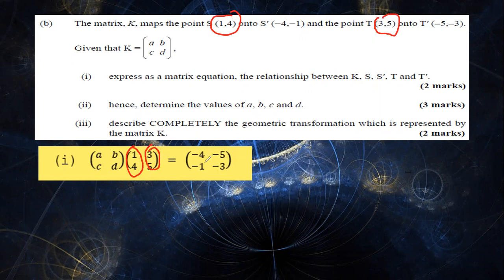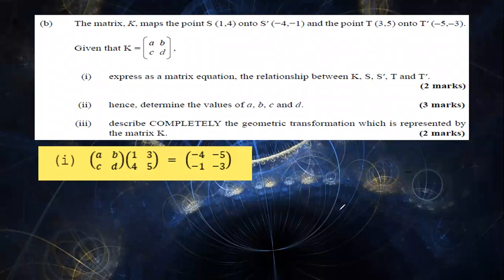And these here are the images of the points, S' and T'. S' is (-4, -1), and T' is (-5, -3). So that's the matrix equation, pretty much straightforward.